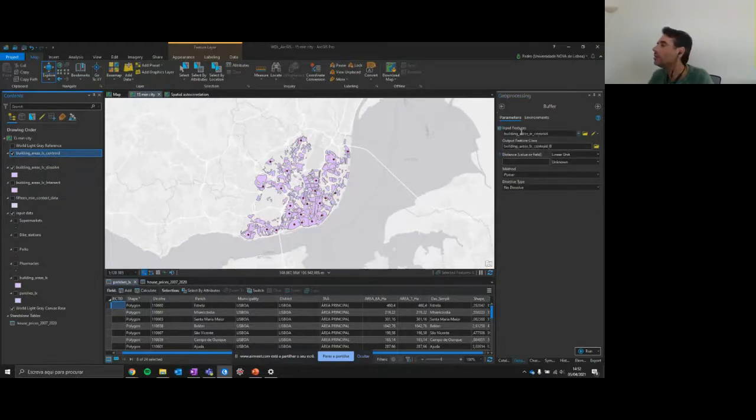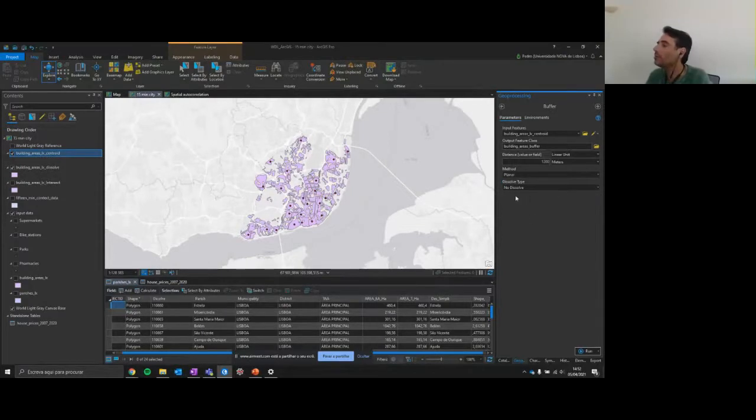I will include here the centroids. I will choose meters, 1,200 meters. And one thing that I mentioned previously is that if you have the data in a geographic coordinate system, you cannot use the planar method, so you can use this distance because the distances are measured in chordal units.